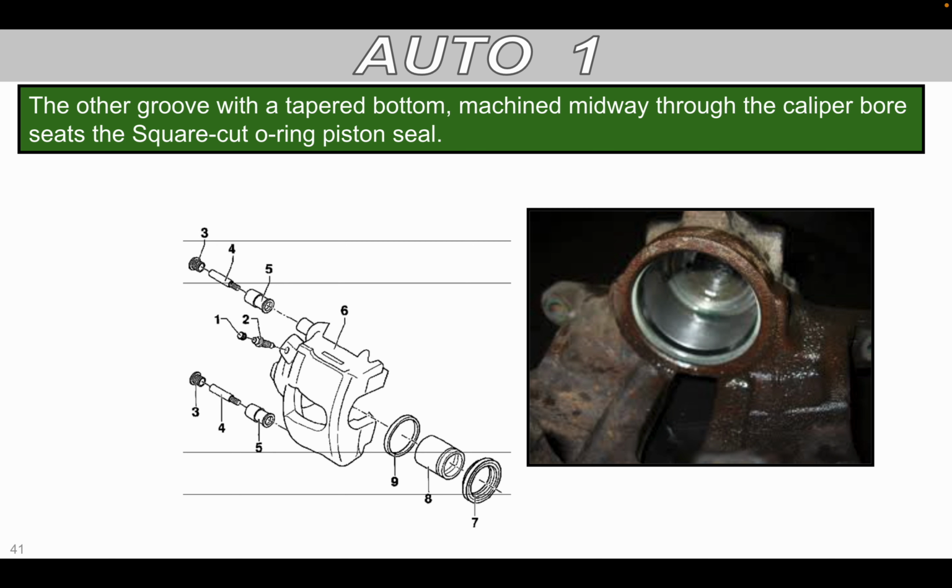The second thing it does is the square cut O-ring piston seal also acts as a return spring for that piston. So as the piston is forced out, this square cut O-ring piston seal flexes, and then when you let off the brake, that seal actually pulls back on that piston slightly, just enough to allow that brake pad to come off of the rotor.